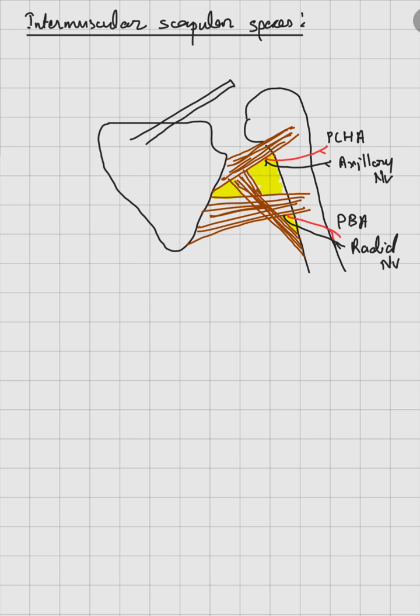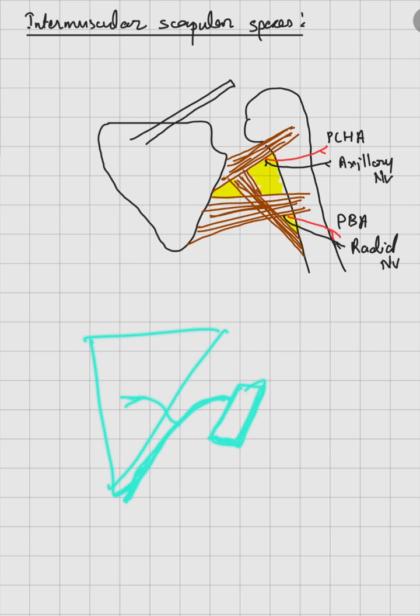Now, what about this triangle? When you learned about anastomosis around the scapula, just remember, this was the scapula, for example, and this was the third part of the axillary artery. From the third part of the axillary artery, one branch was coming like this: the subscapular artery. It gives a branch like this, which forms the anastomosis with the suprascapular artery.